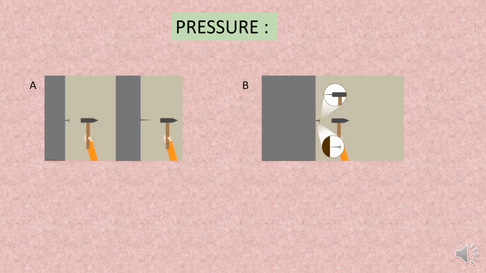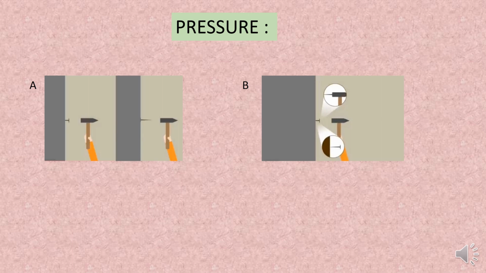Because the pointed end has less area to get into the wooden plank, whereas the head of the nail has more area, so it requires more pressure, right? But with the same pressure we can put the nail in very easily with the pointed end, right?